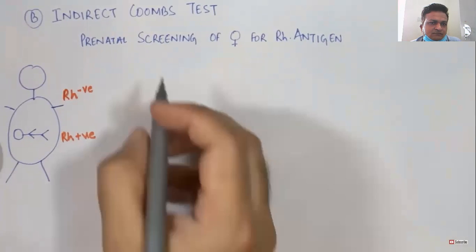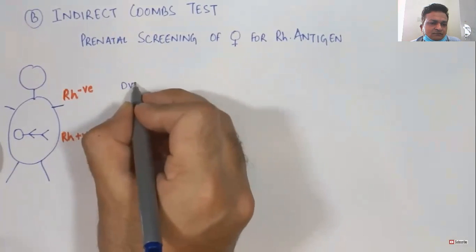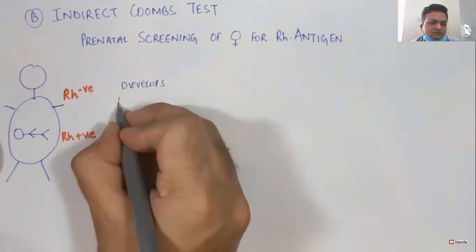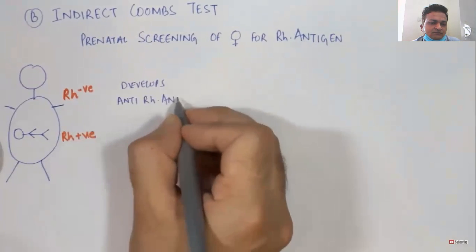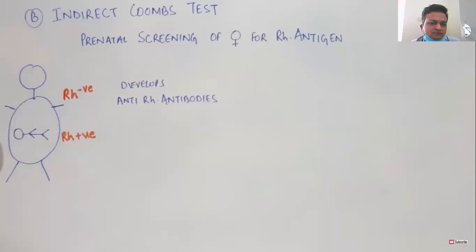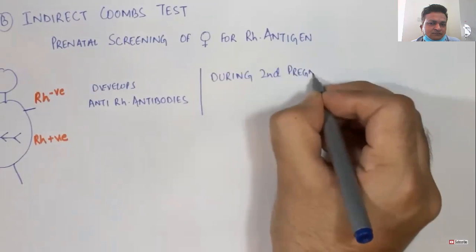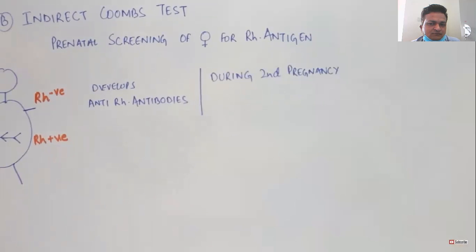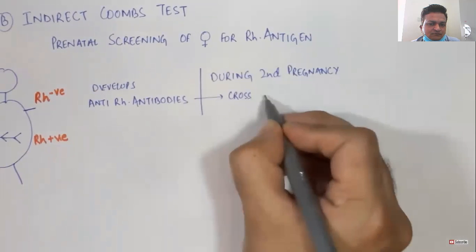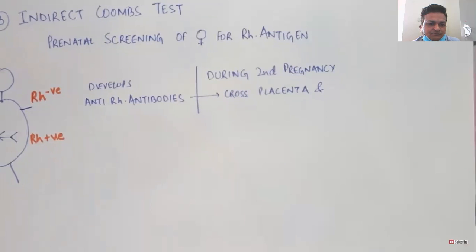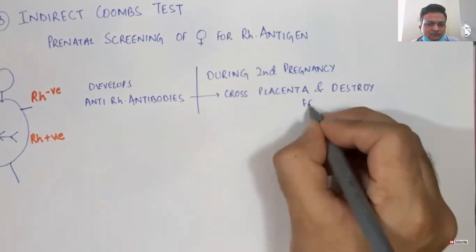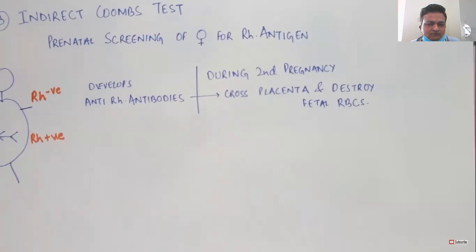So what happens is sometimes at the time of the parturition, the fetal blood comes in contact with the maternal blood, and the maternal blood develops anti-Rh antibodies against those RBCs. And during the second pregnancy, if the fetus is again an Rh positive human, these antibodies cross the placenta and destroy those fetal RBCs.